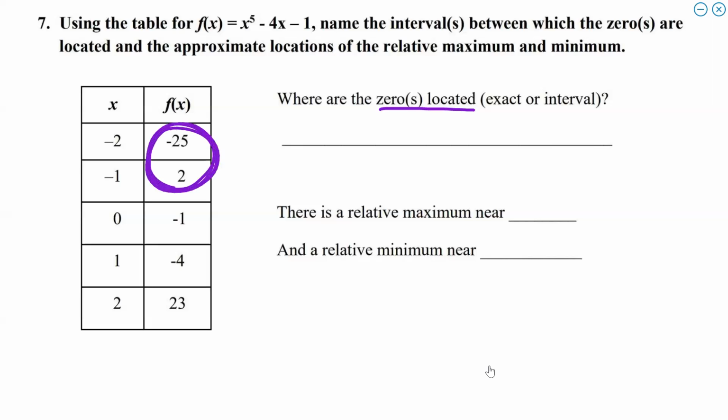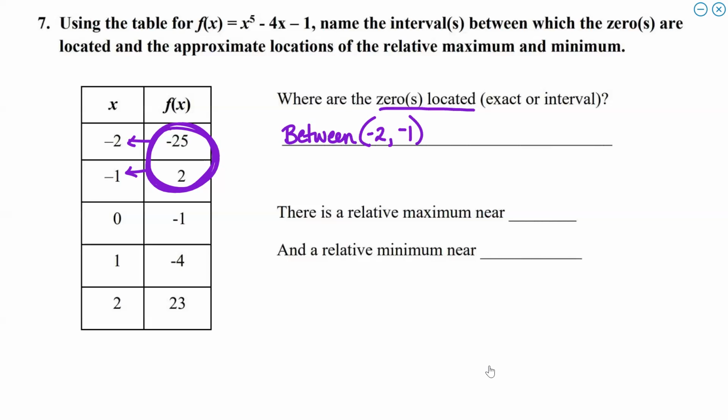What are the x values that it's going to fall in between? Negative 2 and negative 1. So between negative 2 and negative 1. You with me? Okay.